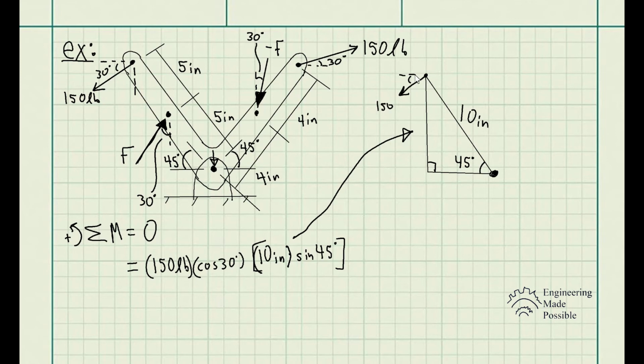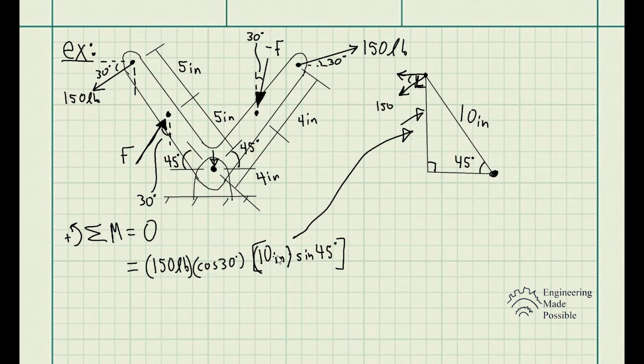And basically, with respect to the x component of this force, the distance that's perpendicular to that would be this distance here, this side of the triangle. So it's nothing more than sine 45 degrees times 10 inches, which gives us the length of this one.